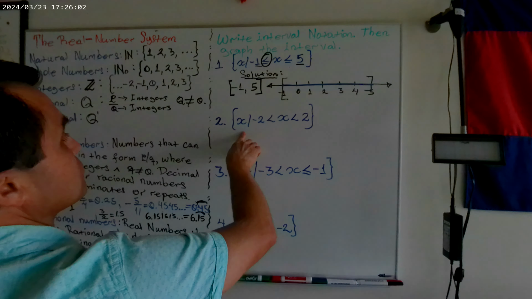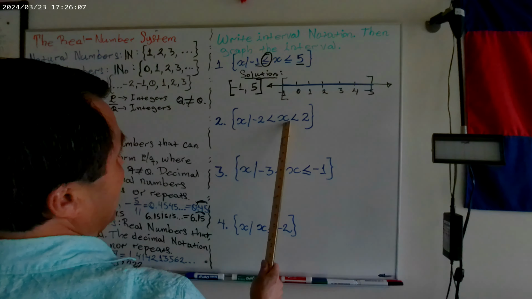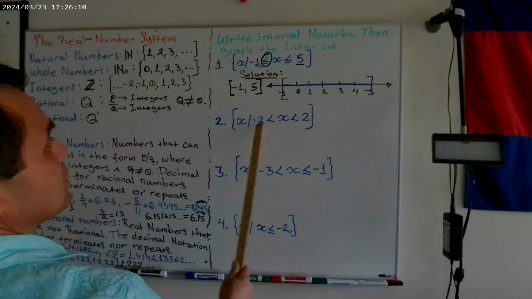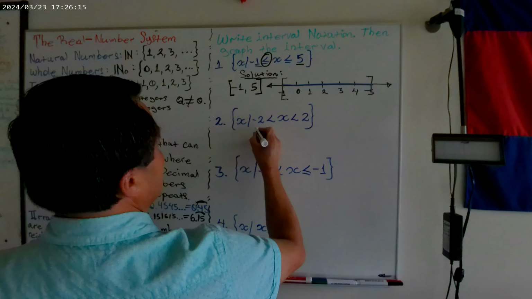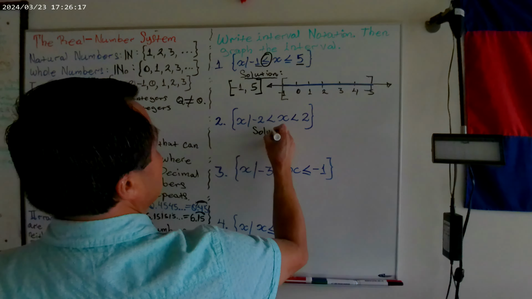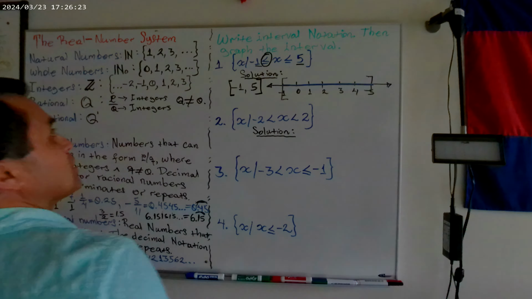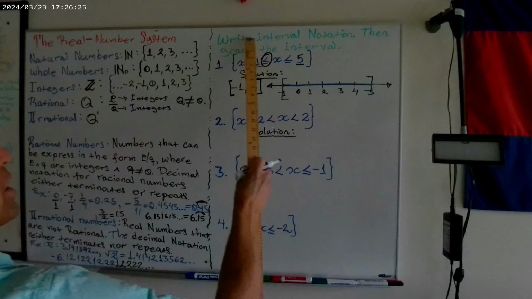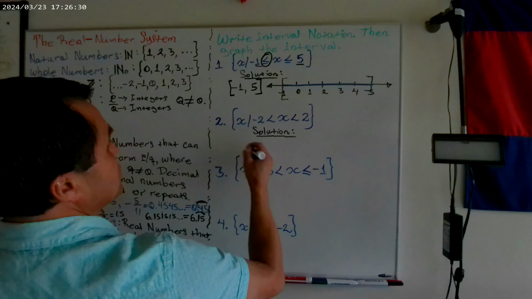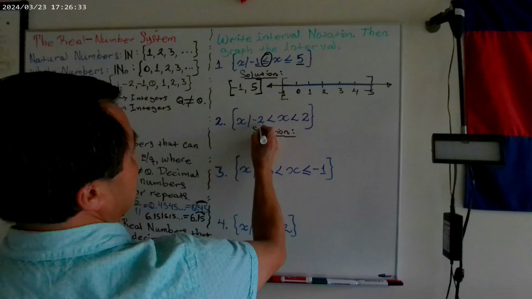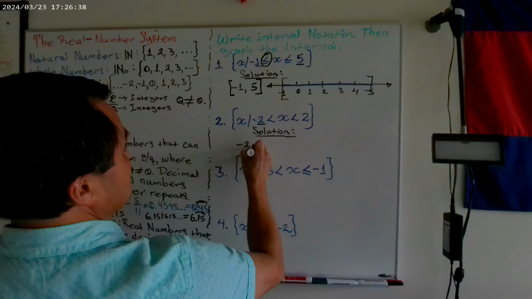Let's get to example number 2. It says x such that x is greater than minus 2 and less than 2. The first thing we have to do is write the interval notation. So again, to write the interval notation, we write the numbers mentioned in the exercise. On the left side we have minus 2, comma.